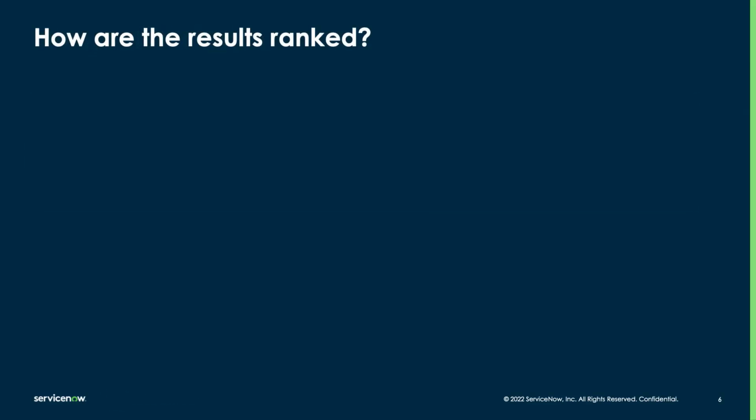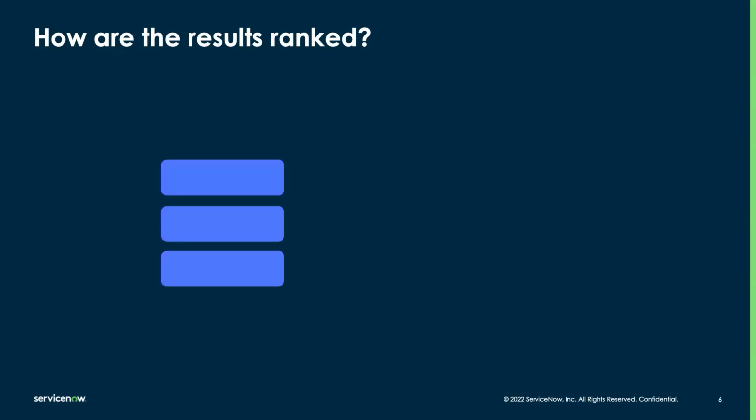Before we start configuring, let's take a minute to explain what relevancy means and how search results are ranked. Relevancy is like sorting for a table. You can sort the records in a table by a date or a text field. Well, for search, ranking or sorting is based on relevancy. It means that a search engine calculates the relevancy score and then orders or ranks the results based on that score.